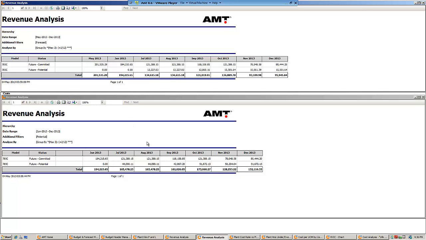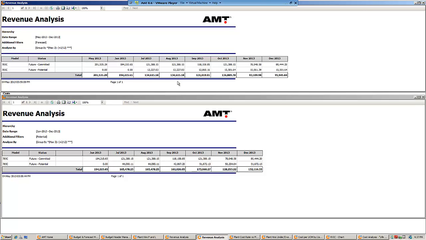This report is the same report, but it's run by what we call potential. And this is saying if you have your entire fleet 100% utilized, or 100% under committed rental projects, then what would your revenue be? So if we just take a month, say August, the forecast is 134,000.